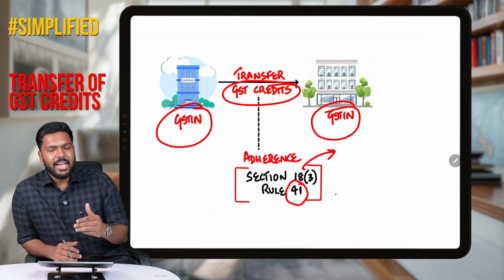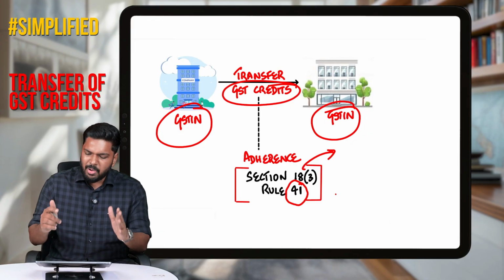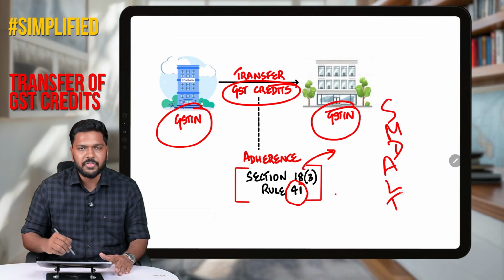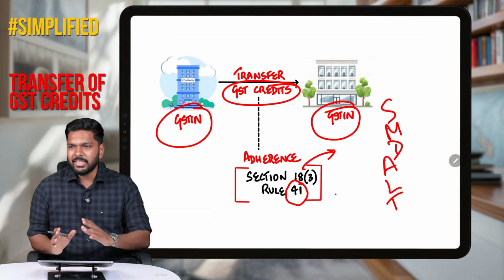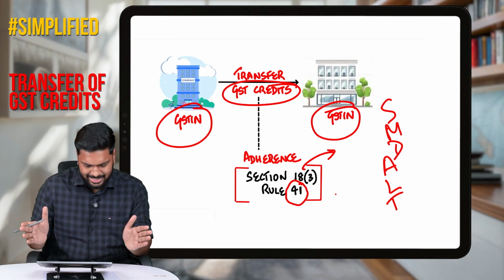There's no other way in which you can transfer GST unutilized credits from one state to another state, only by way of sale, merger, demerger, amalgamation, lease, transfer. And we also stressed upon the process of demerger wherein the input tax should be apportioned in the ratio of value of total assets.